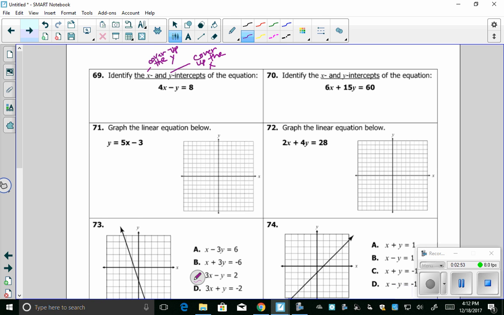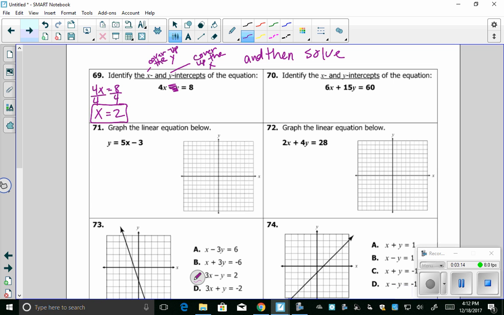So if I'm looking for x, I cover up the y. And then solve. So I'm going to have 4x equals 8. Divide both sides by 4, and you get x is equal to 2.